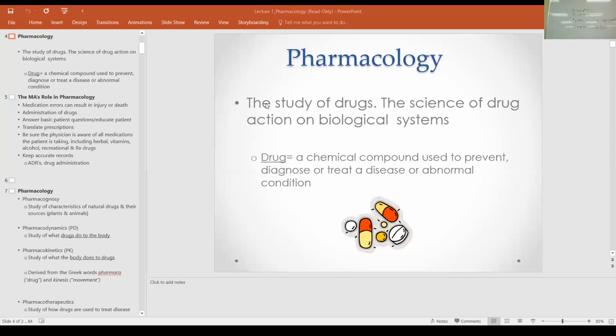In physical dependence, you go through classic withdrawal symptoms: the tremors, the sweats, the agitation, the things that are not generally seen in psychological dependence. This is where we are with the opioid crisis. We have too many people that have become both physically and psychologically dependent on them.